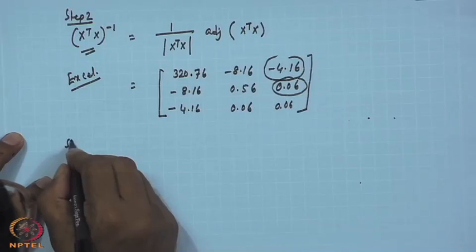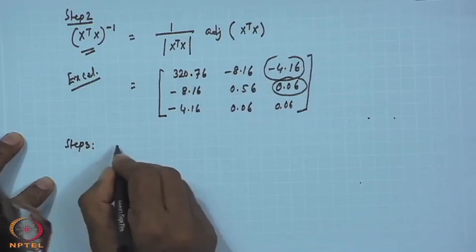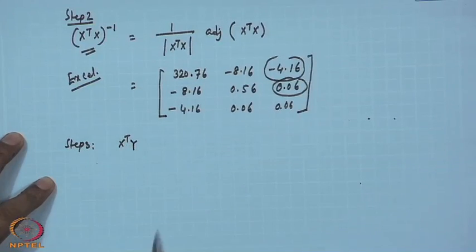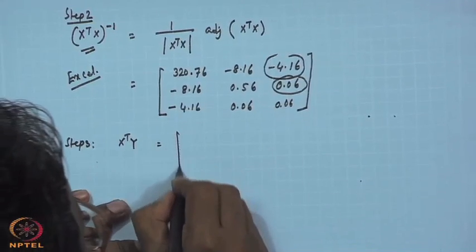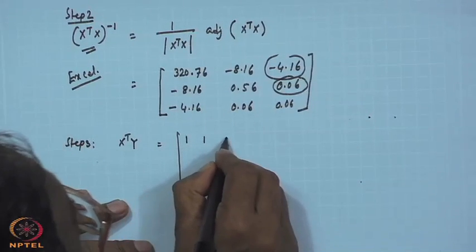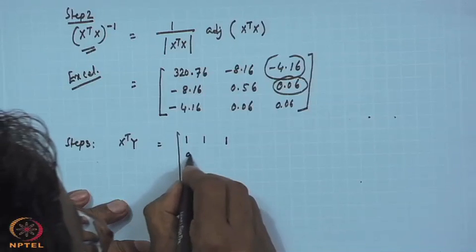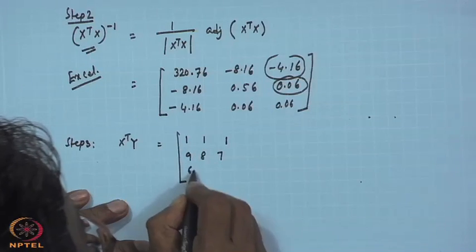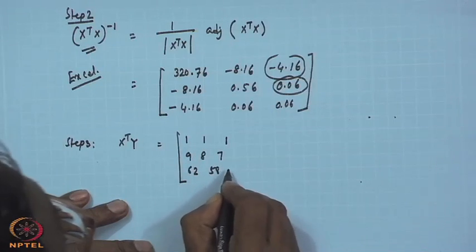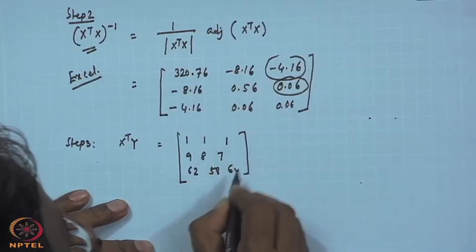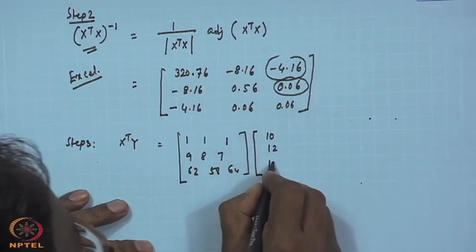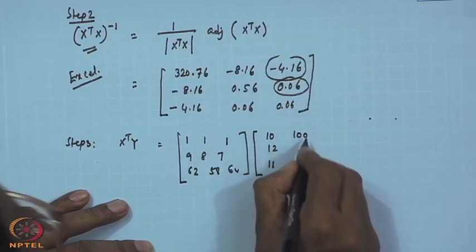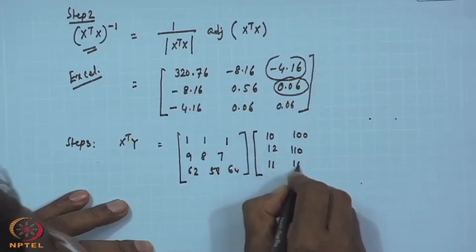Step 3: you compute X transpose Y. If you write down X transpose Y: 1 1 1, then 9 8 7, 62 58 64, then the Y values 10 12 11, 100 110 105.